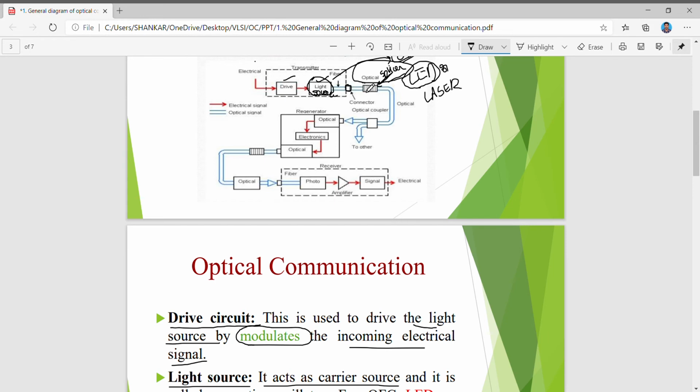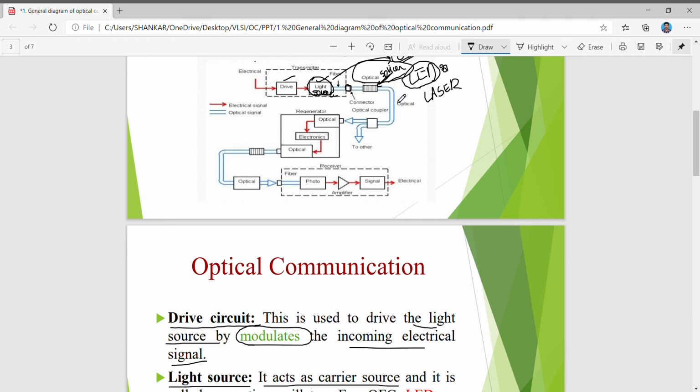The difference is the signal: for the optical splicer we use the optical signal, while for electrical signals we use welders. What is welding? Welding is used to join two metals. Here also the optical splicer is used to join two optical fiber cables.